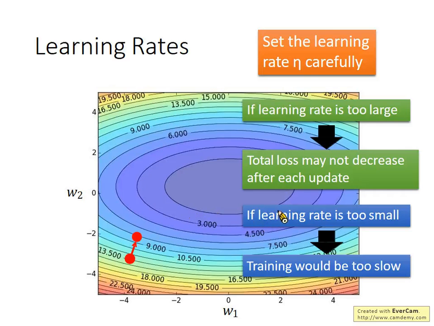How about we just set the learning rate very small? If the learning rate is too small, we move toward this direction, but with very small scale. Then the training would be too slow, because for every update we just move a little, and the optimal solution may be here, so we need many updates to reach it. So both a too large and a too small learning rate are bad.